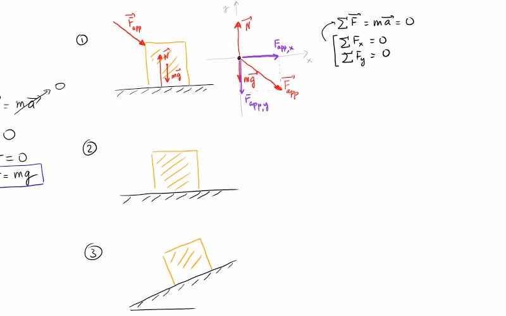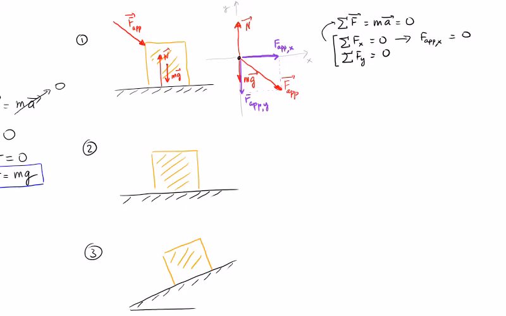Okay, now let's not talk about the x-axis because the normal force doesn't have one. Or we can just write it. For the sum of the forces, we have only the applied force x component that equals 0.